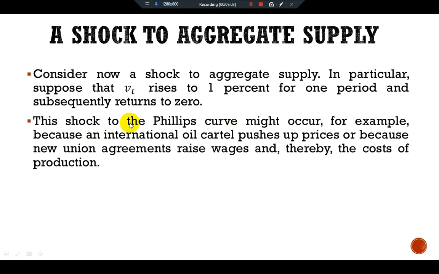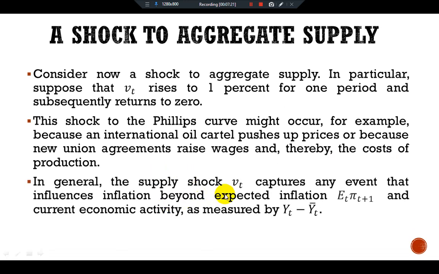This shock to the Phillips curve might occur, for example, because an international oil cartel pushes up prices, or because new union agreements raise wages and thereby the cost of production. In general, the supply shock vt captures any event that influences inflation beyond expected inflation, Et πt+1, and current economic activity as measured by Yt − Ȳt.